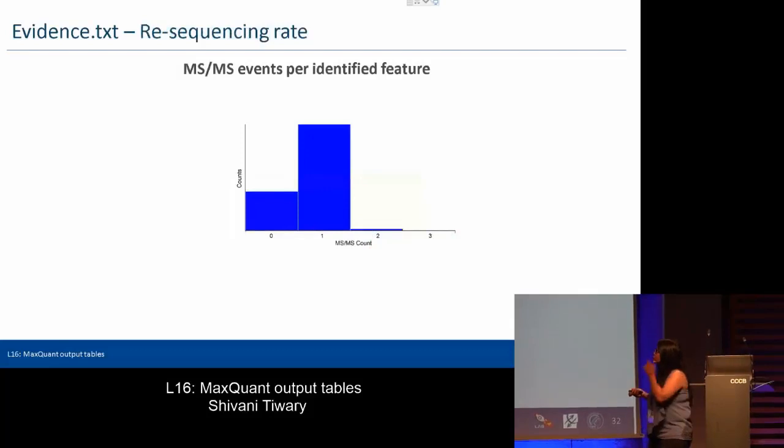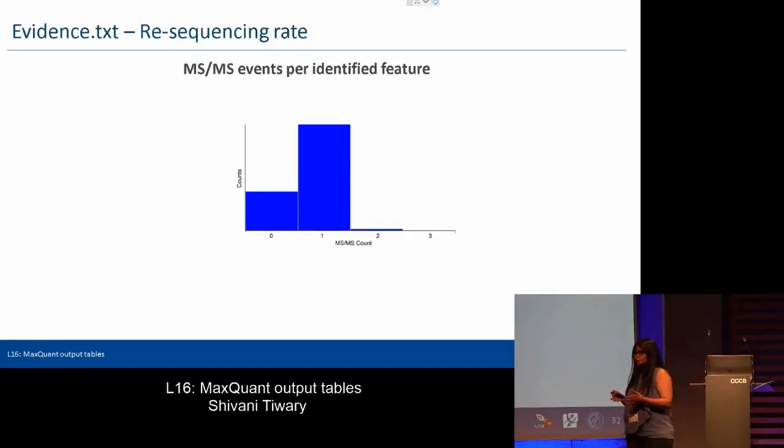Also, you can use the evidence text to find the resequencing rate, so how many MSMS counts there were. You can find out if the resequencing rate is good or not, and if your dynamic exclusion is working or not.